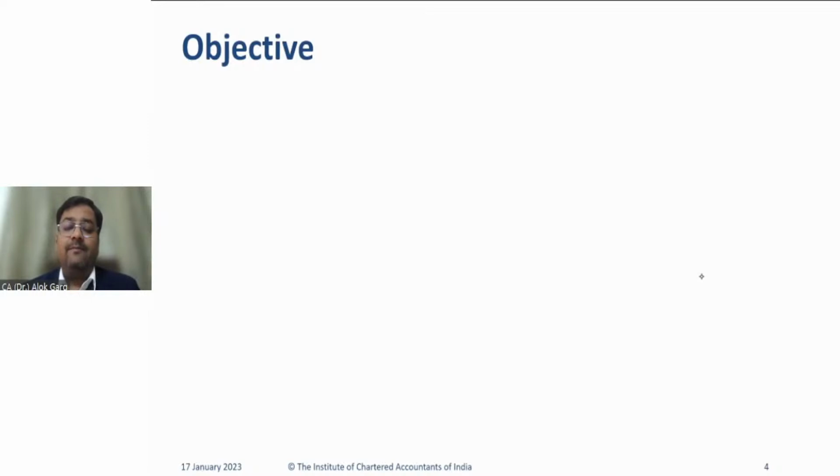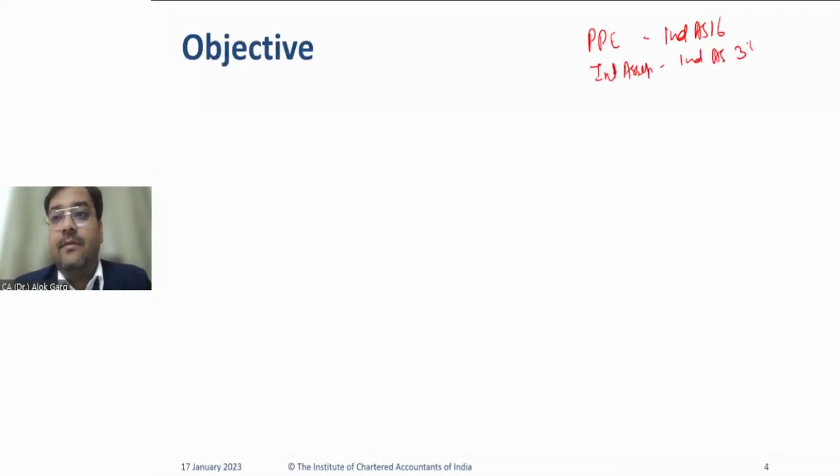In this standard, largely, this standard talks about the impairment of PPE under Ind AS 16, right? PPE is Ind AS 16. This standard talks about the impairment of intangible assets under Ind AS 38.